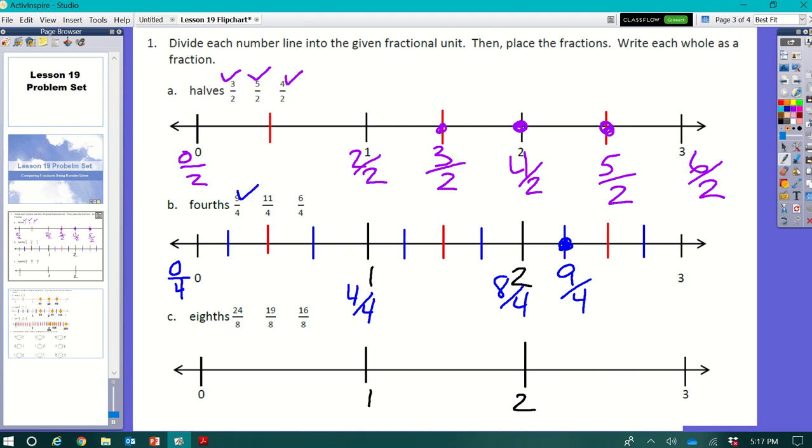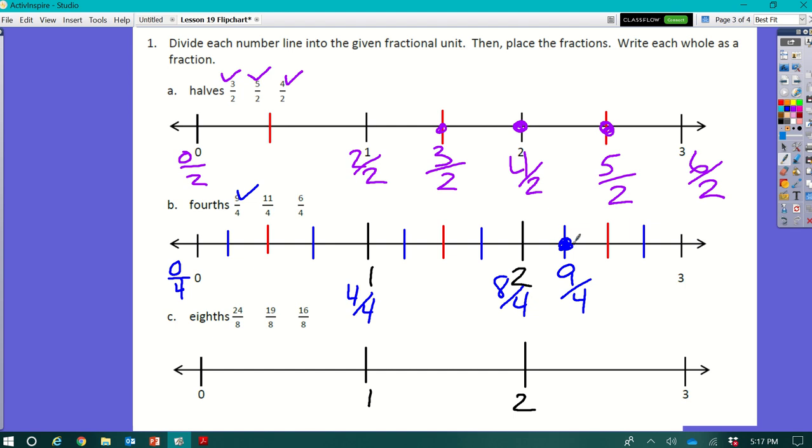Okay, so I'm going to check off 9/4. We found it. Now they're asking me to find 11/4. Well, here's 9/4. So I'm just going to keep counting till I get to 11/4. 10/4, 11/4. I'm going to put my dot right on the number line and label 11/4. Check it off.